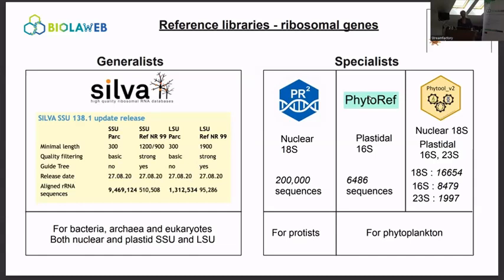It is the same principle for PhytoREF, but that targets the 16S of chloroplast and to study phytoplankton. And here in the lab, we developed another reference library, and I won't get into detail because Benjamin will speak more about this later, tomorrow.